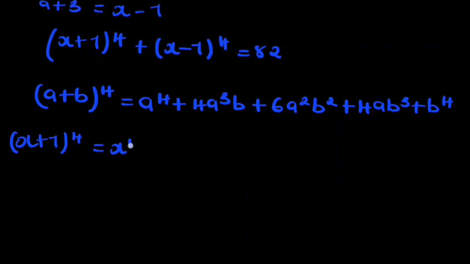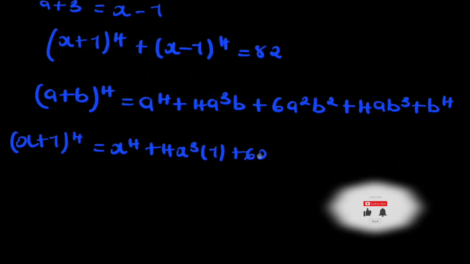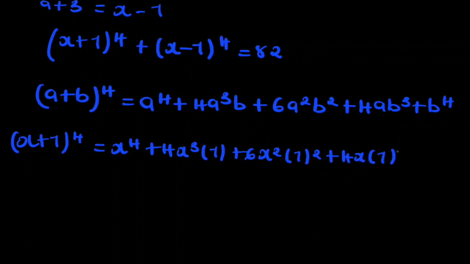So it's going to be x^4 + 4x^3 times 1 + 6x^2 times 1^2 + 4x times 1^3 + 1^4.